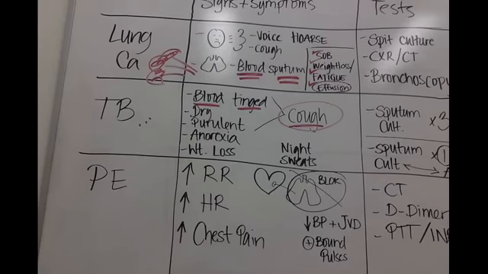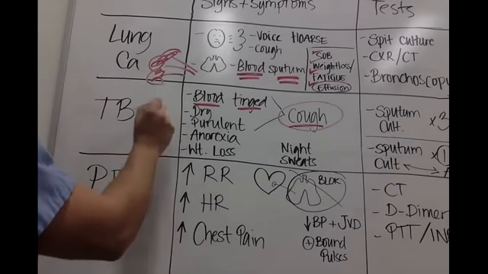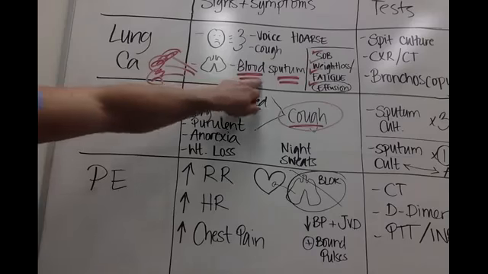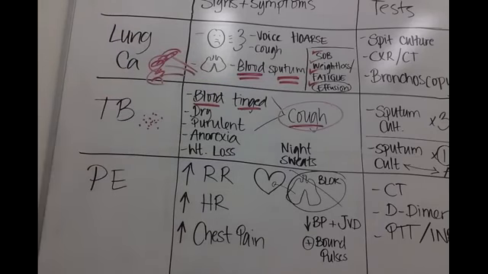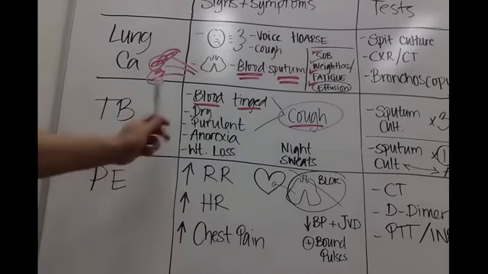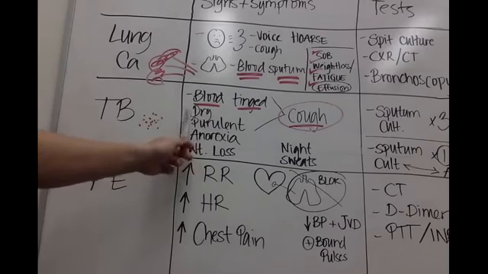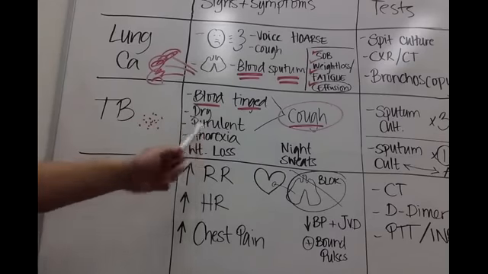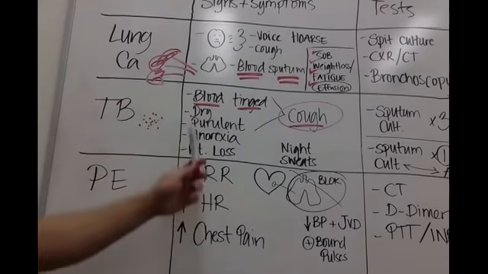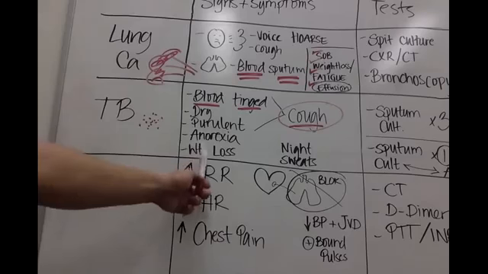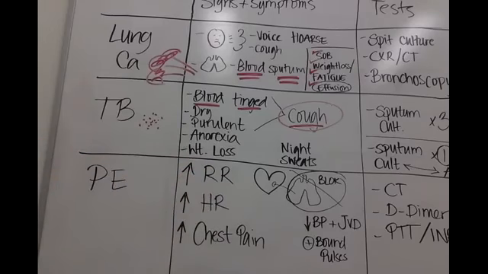Blood-tinged is like spots of blood, okay? Actually, bloody sputum is like big bloody sputum. Your patient's going to have a dry, very purulent type of drainage. You're also going to have anorexia as well as weight loss.